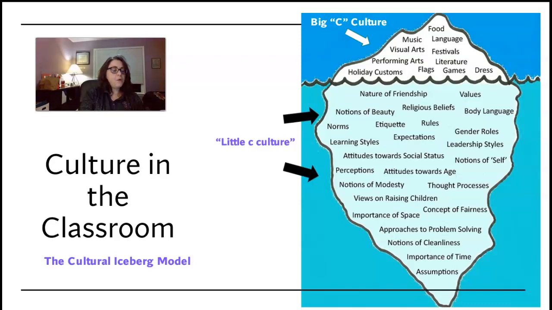Think about how some of these more internalized cultural norms could cause cultural miscommunications in your own classrooms. And also consider how we can support our ELs while teaching them the cultural norms and expectations that are found within U.S. schools. So consider all those things this week as you read and you consider your discussion question.